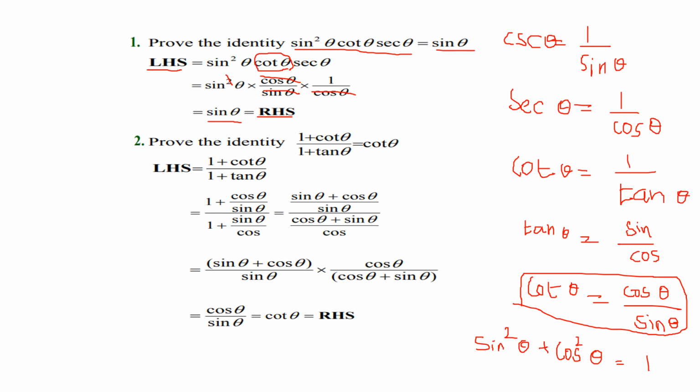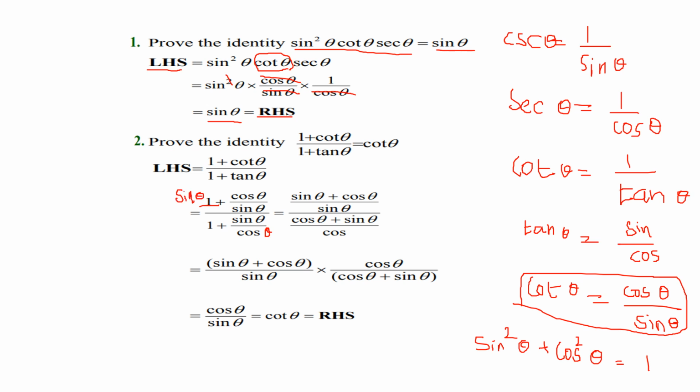Very simple one. But the next one, we have left hand side 1 plus cot theta divided by 1 plus tan theta. So we need to replace cot theta by cos theta divided by sine theta, and tan theta by sine theta divided by cos theta. And we have to take the LCM. So for the LCM, we need to multiply and divide by sine theta here, correct?